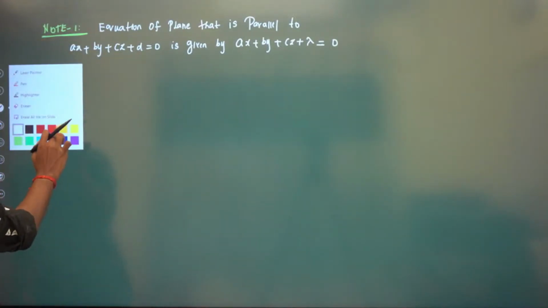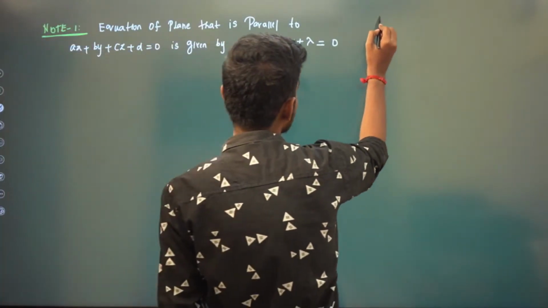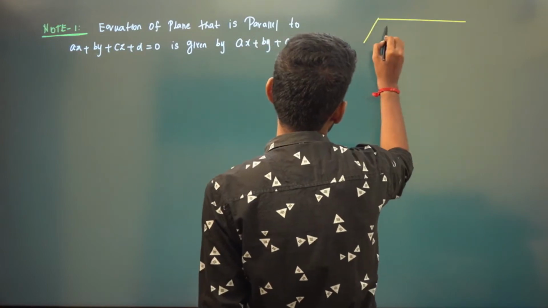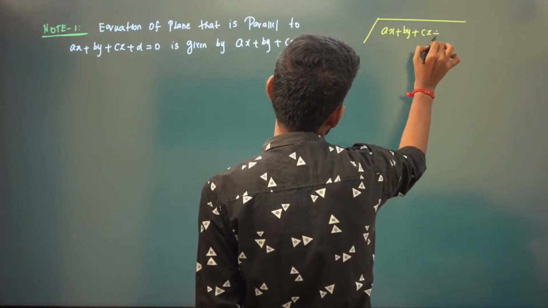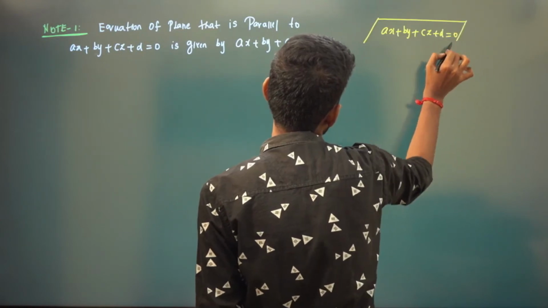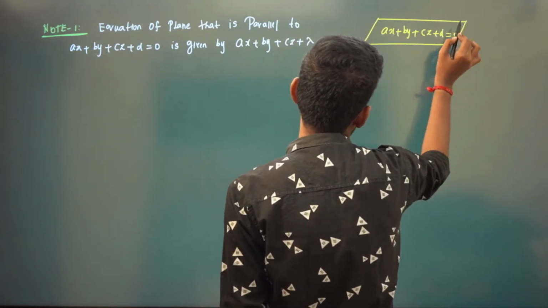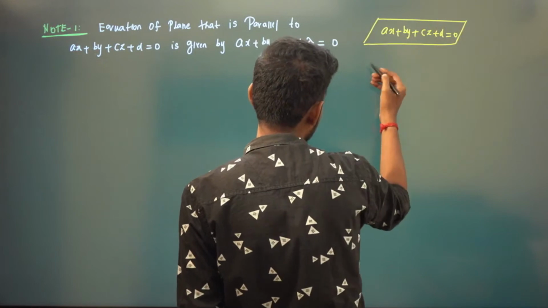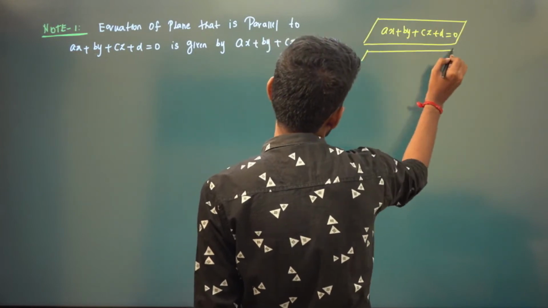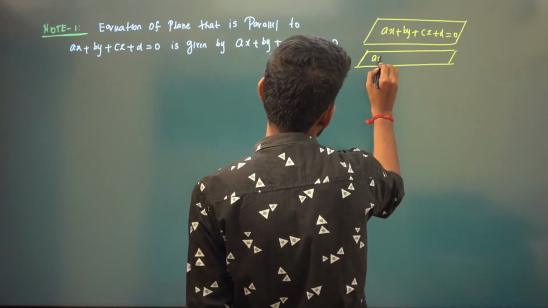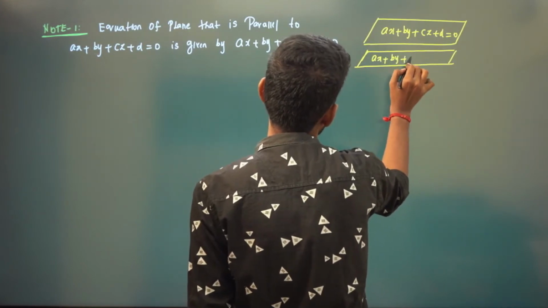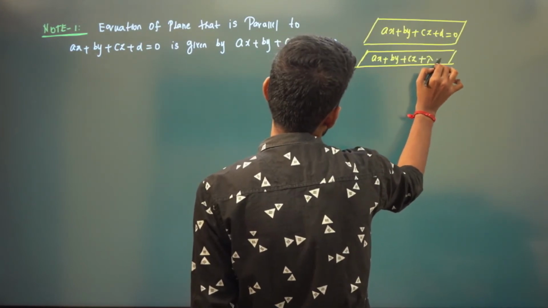So we have an equation of a plane, ax plus by plus cz is equal to 0. If you want to find the equation of a plane that is parallel to this plane, that equation is given by ax plus by plus cz plus lambda is equal to 0.